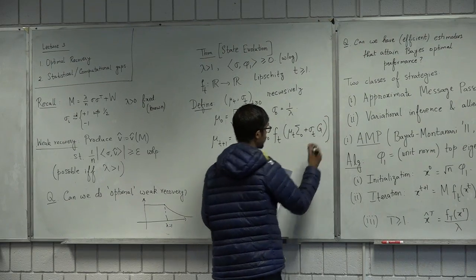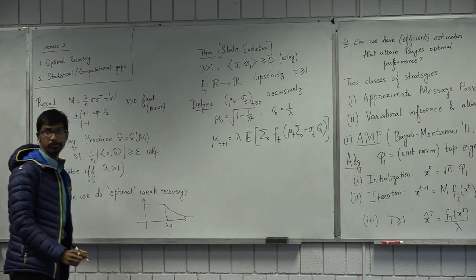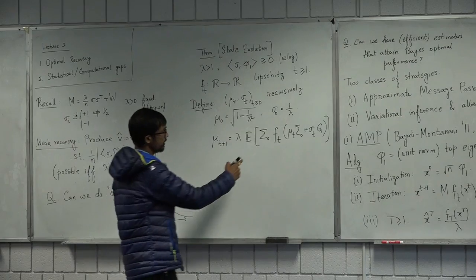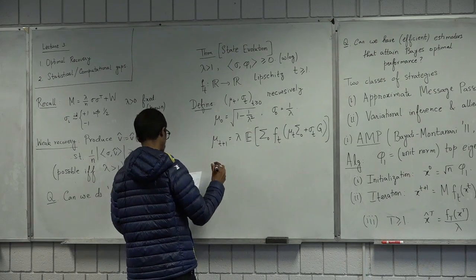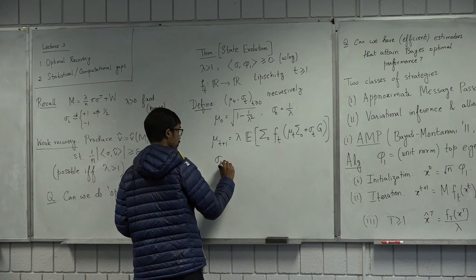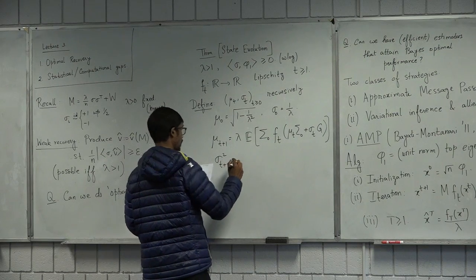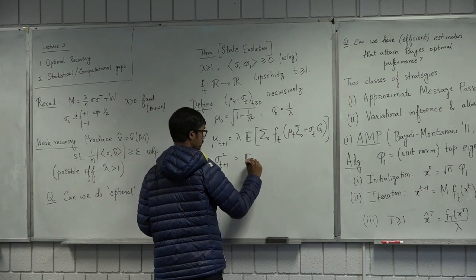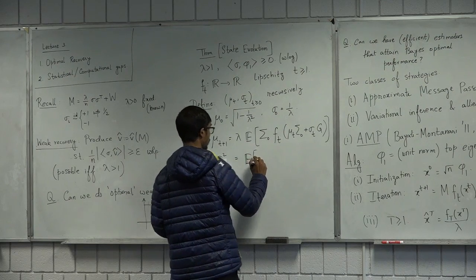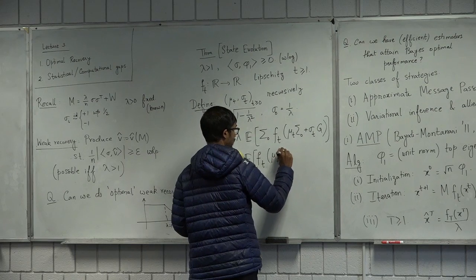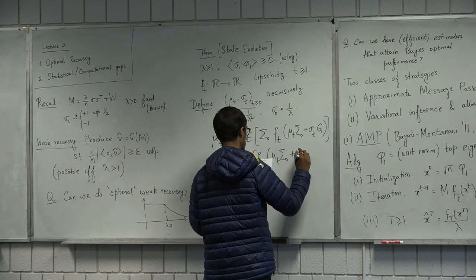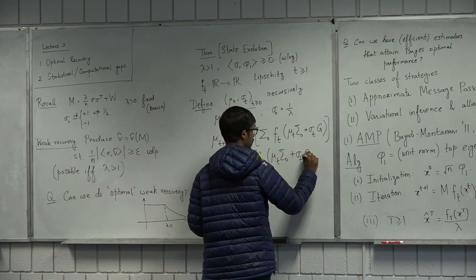So sigma_0 and g are exactly as I described before, two independent variables. One is plus minus 1, one is a Gaussian. And sigma_{t+1} squared is the expectation of f_t of (mu_t sigma_0 plus sigma_t g) squared.